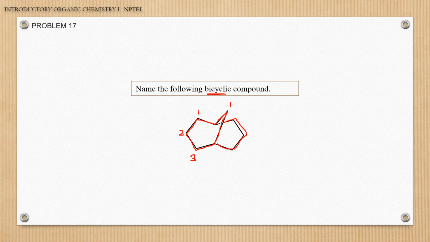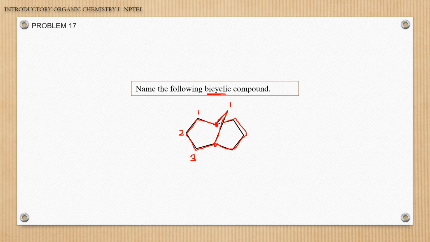Irrespective of the fused common carbon, you have to count all the other carbons, right? Don't count the bridgehead carbons because they are common to each ring.